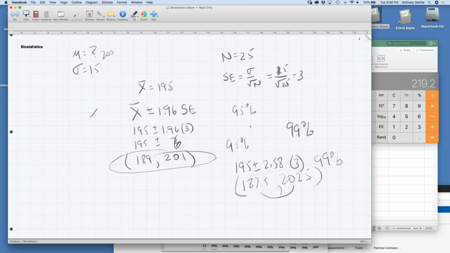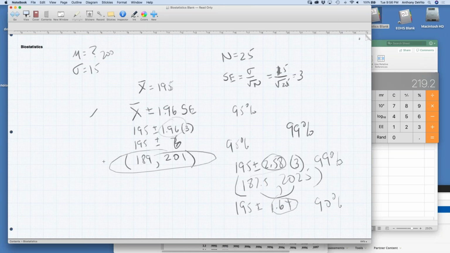So a 95% confidence interval is narrower than the 99% confidence interval for that reason. And if I was satisfied with 90% certain, I can make it even narrower. In that case, it would be 195 plus or minus 1.64 instead of 2.58. So remember those numbers, 2.58, 1.64, and especially 1.96, because that's what you're going to be using most of the time.